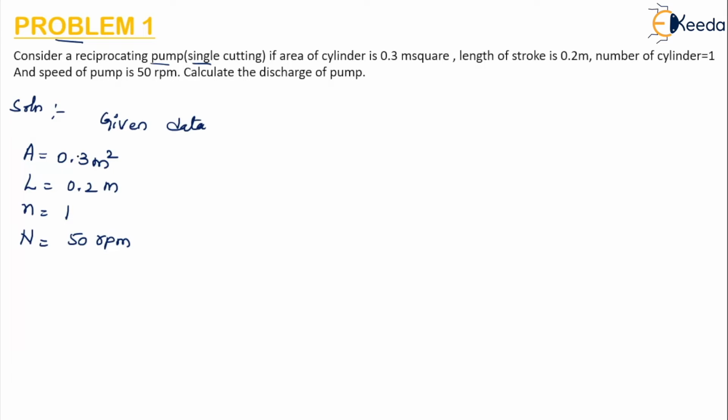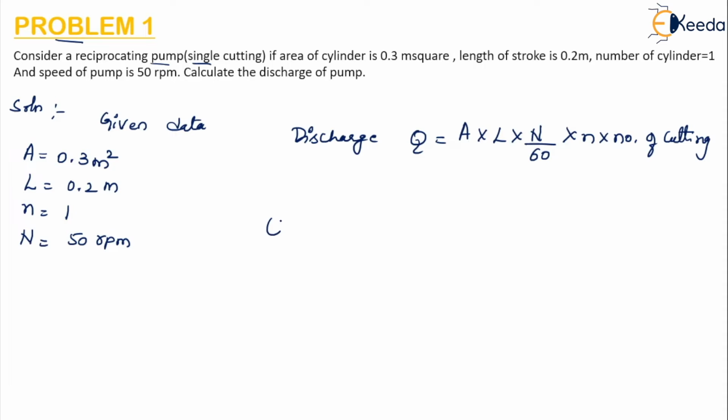Now they are asking us to calculate the discharge of the pump. So discharge of the pump, that is Q, is equal to A into L into N by 60 into n into number of cutting.